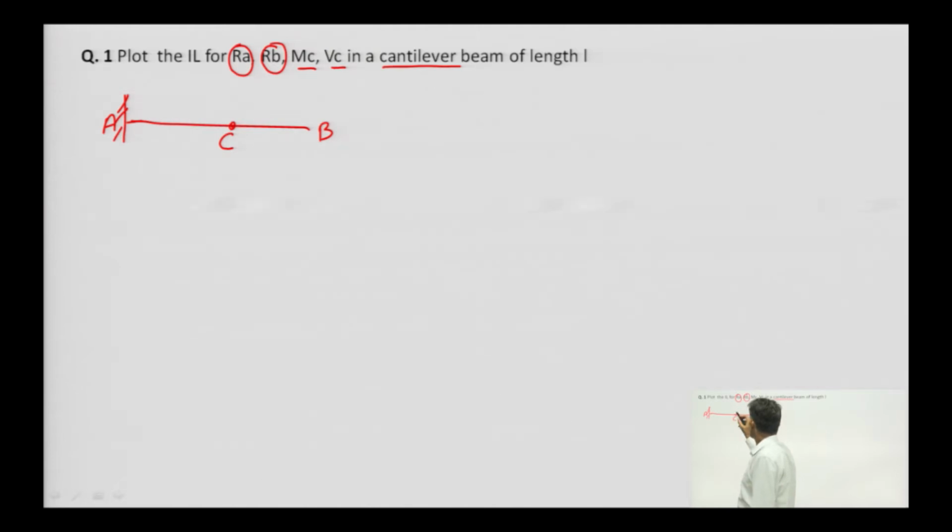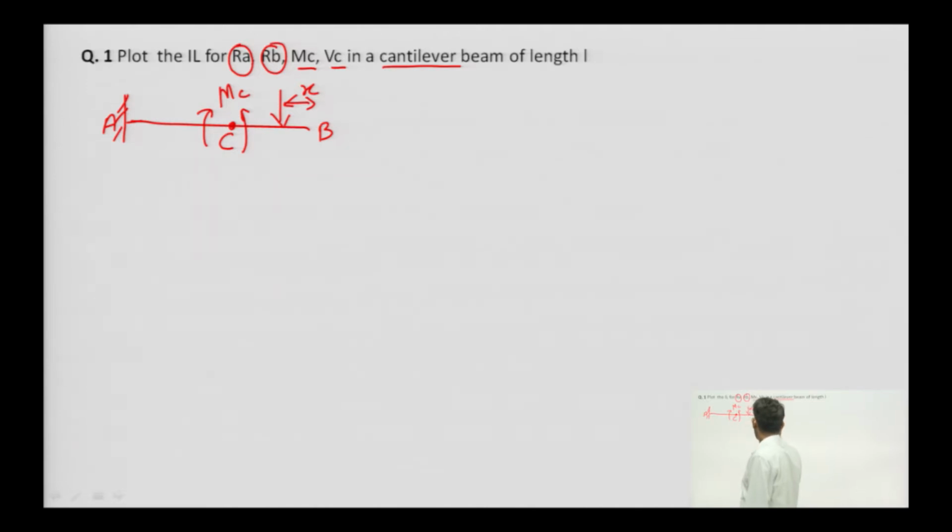Moment at point C. Then, to plot the ILD, consider unit load at x distance from point B.